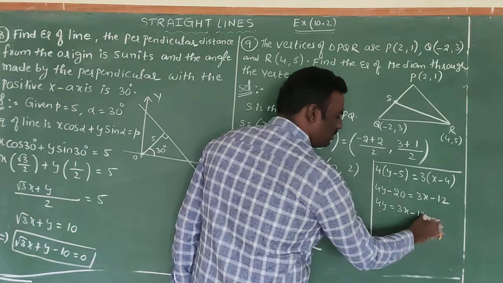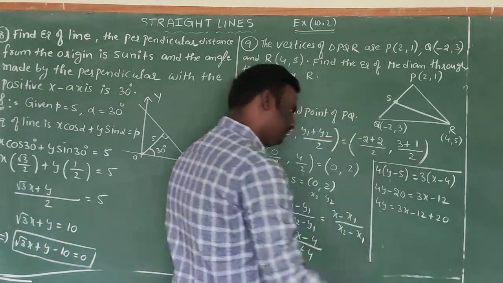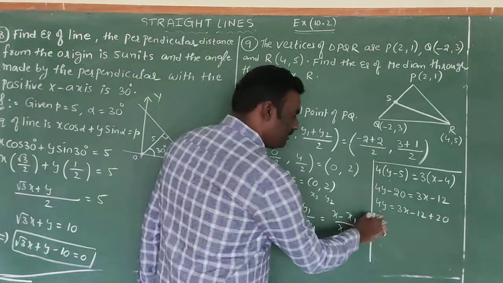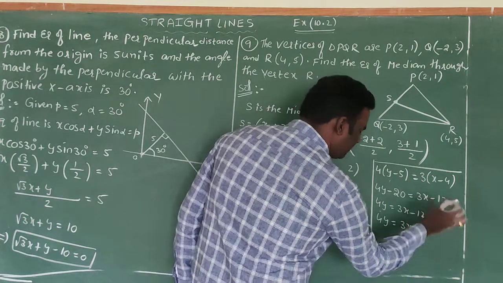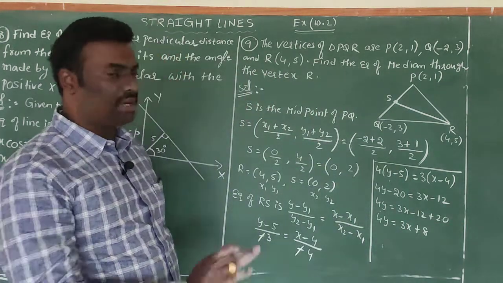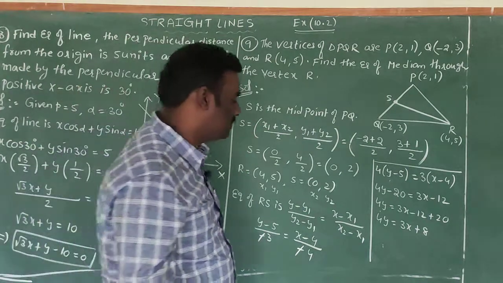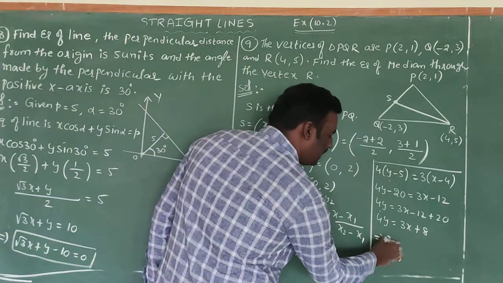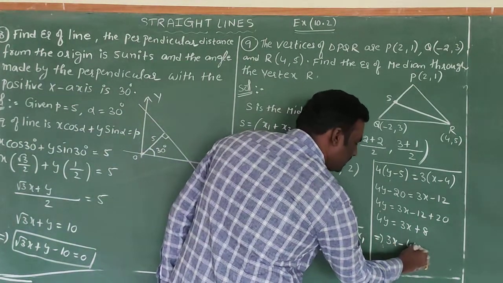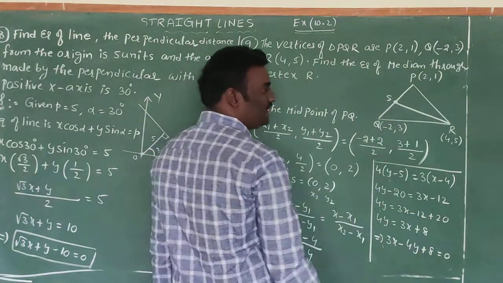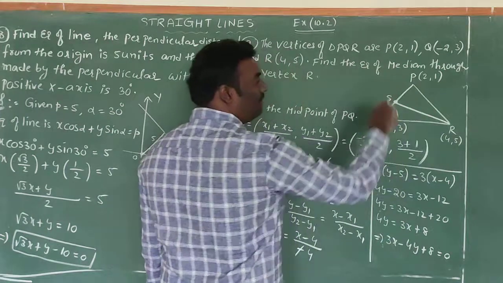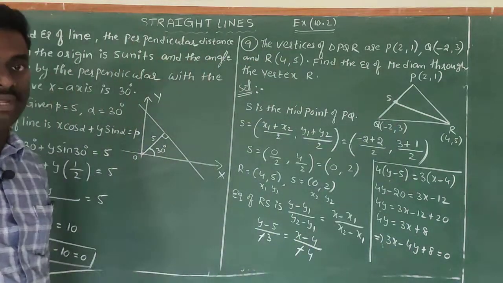This minus 20 goes to that side, plus 20. Then 4y is equal to 3x, 20 minus 12, that is nothing but 8. Now send 4y to that side, it becomes minus. Therefore the final answer is 3x minus 4y plus 8 is equal to 0. This is the median from the vertex R.